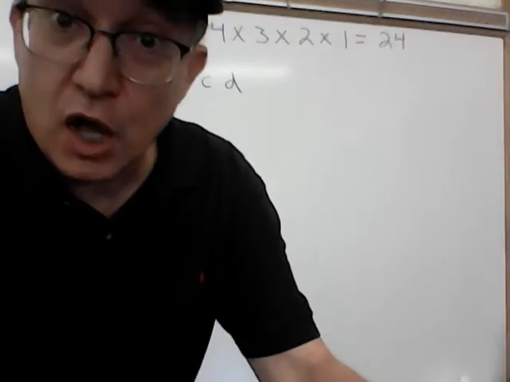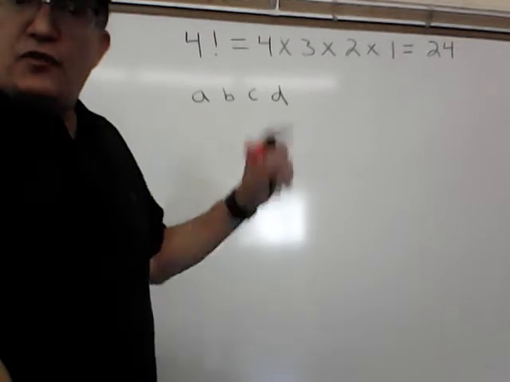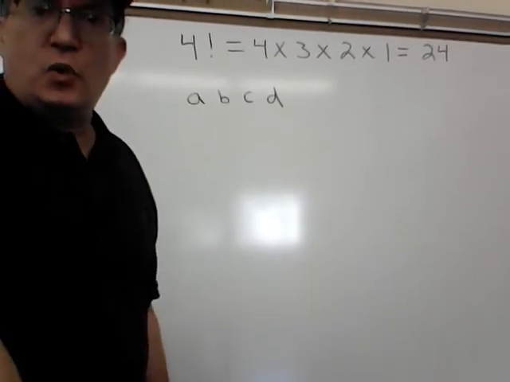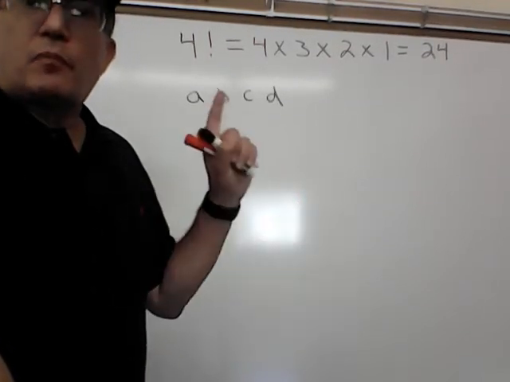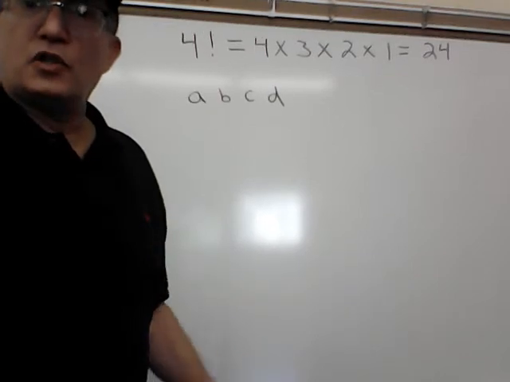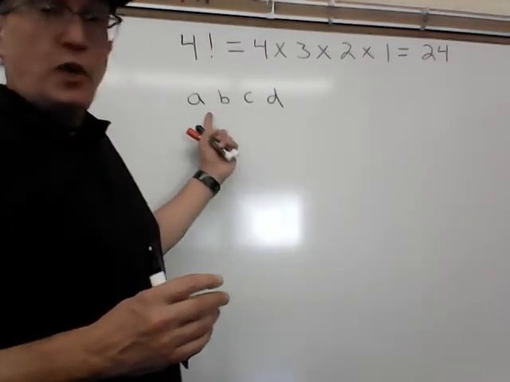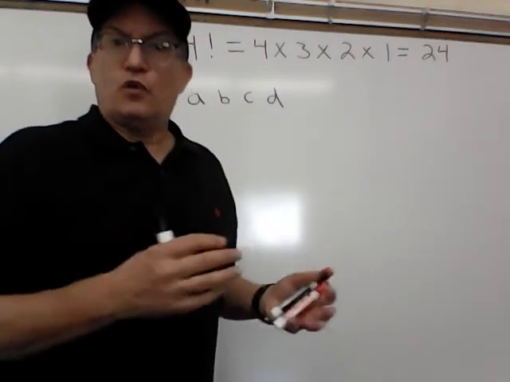We'd be here for a long time if we did a problem involving 12 factorial. 4 factorial simply means 4 times 3 times 2 times 1, and of course it's 24. Let's take 4 objects, A, B, C, and D, and ask the question, how many different ways can they be ordered? Now, this is one of the ways right here. A, B, C, D is one way to order those 4 objects.